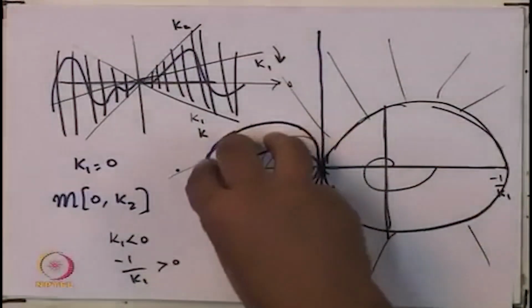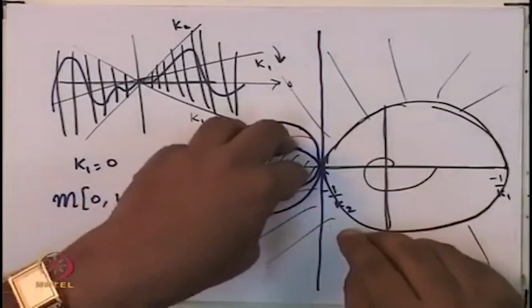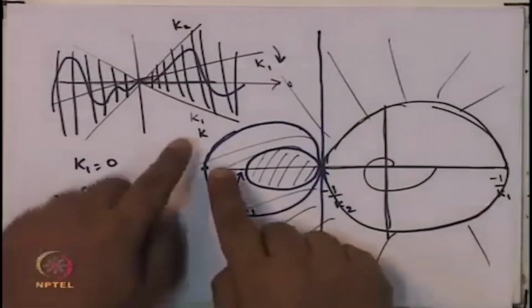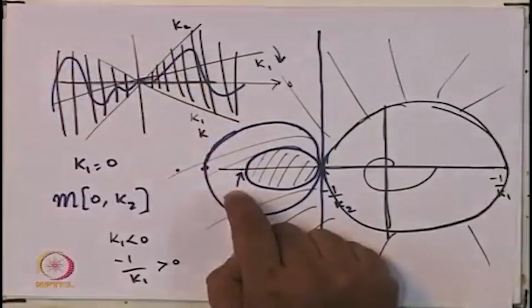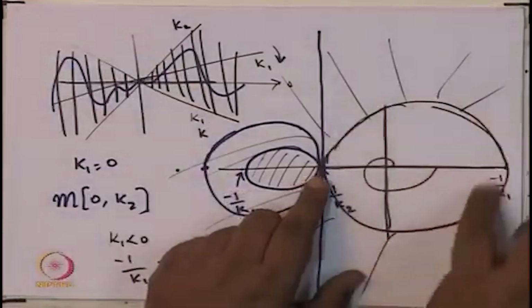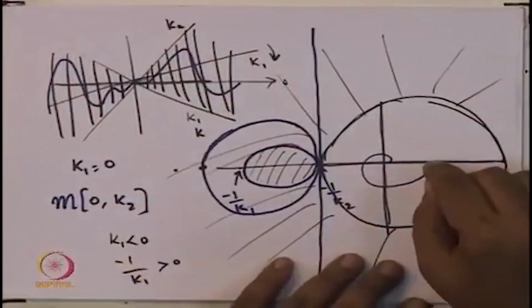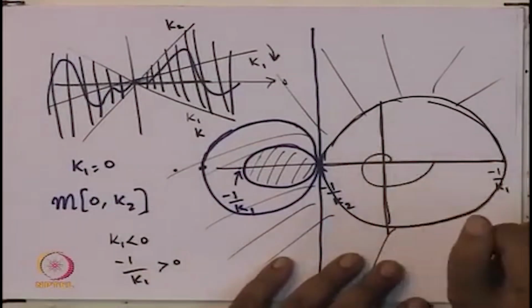Earlier we had the circle, and the inside of the circle was forbidden and anywhere outside was allowed. But now, when this K1 has become negative, you again get a circle, but it is the outside which is forbidden, and the Nyquist plot has to lie inside.